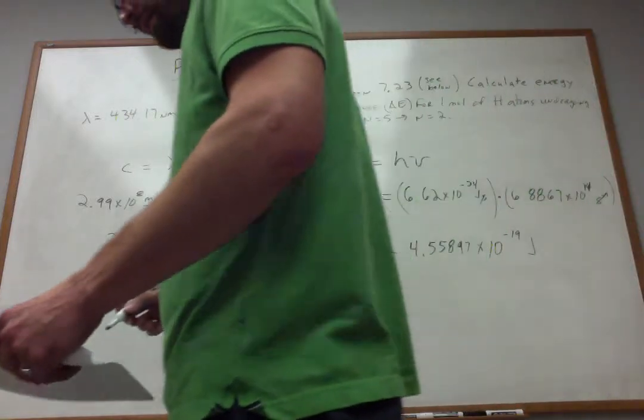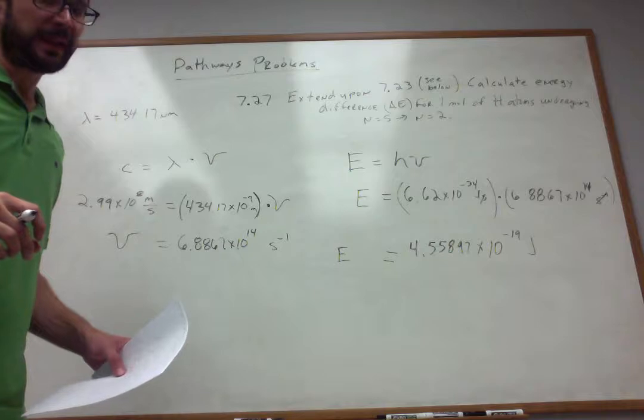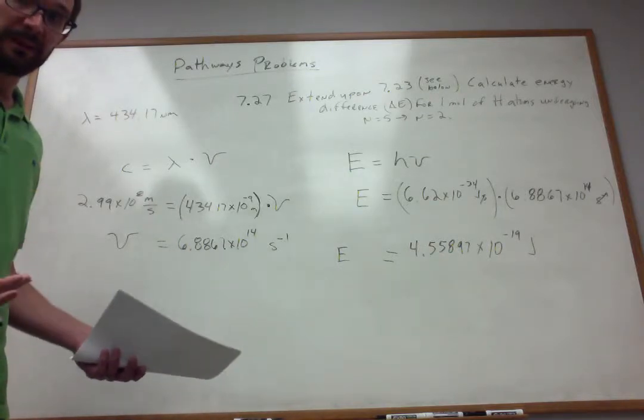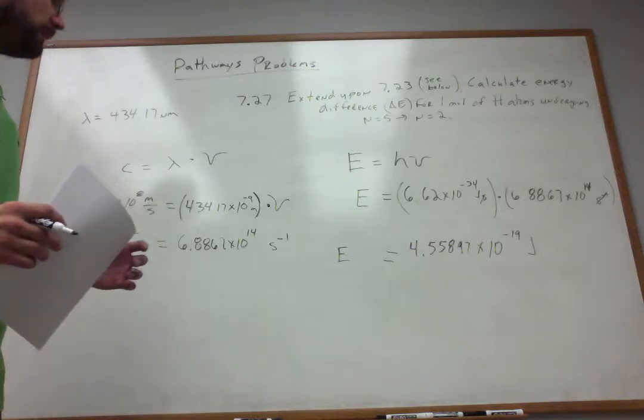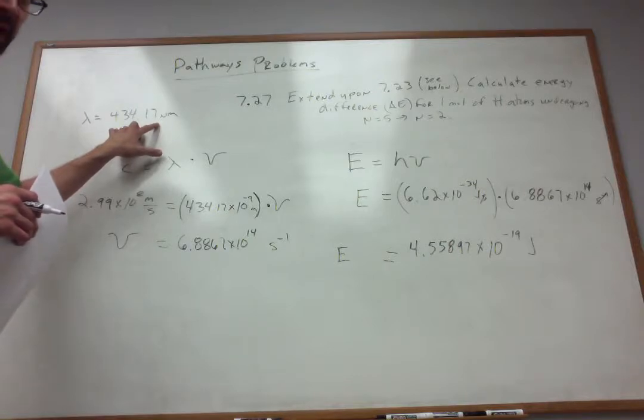Now that we've used these equations for this n equals 5 to n equals 2 transition in hydrogen, I feel like we need to take a second to remind ourselves what these numbers mean. The wavelength is the wavelength of light that we would expect to get from this transition, from a hydrogen atom, n equals 5 to n equals 2 transition.